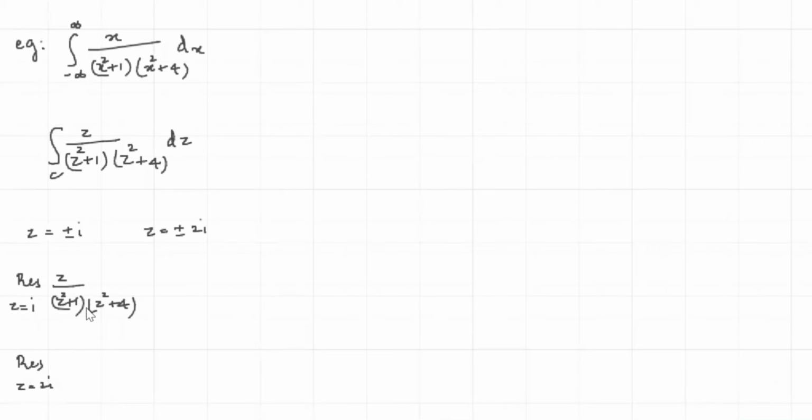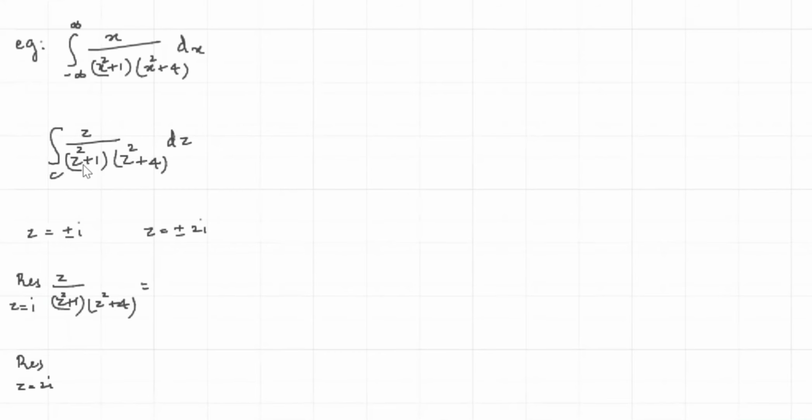Why? Because as r tends to infinity, we are completely covering the upper half complex plane, and we are only worrying about the singularities inside the upper half plane. So i and 2i are the only singularities lying inside the upper half plane. That's why we are only calculating the residue at those points.